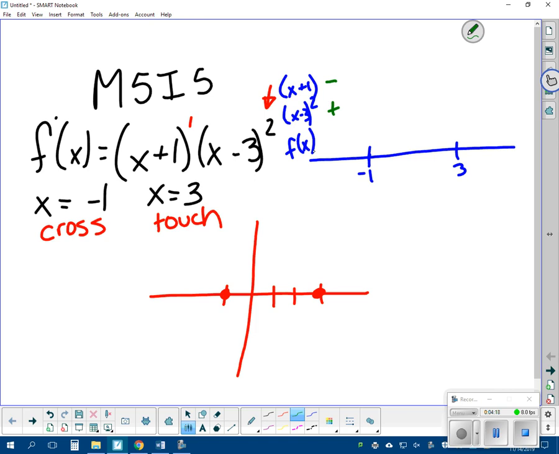Would you agree that would happen not just with -2, but with any negative smaller than -1? These are always going to be a negative and a positive. Put that together, what would the sign of the entire function be? A negative and a positive make a negative. So from -1 to infinity, my function is always negative. It is below the x-axis. I don't know what it looks like, I just know it's down here somewhere.